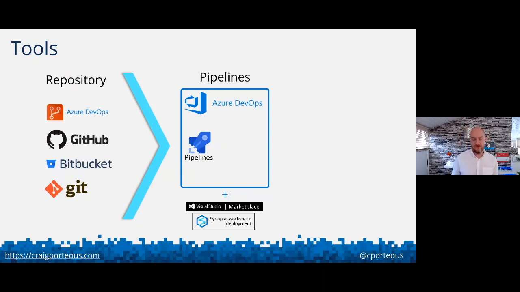And because of the way Synapse connects to Git source control, you're also limited to GitHub and Azure DevOps as the source control options. So that eliminates those other pieces which you might be able to use when you were using the resources component for deploying the ARM templates.